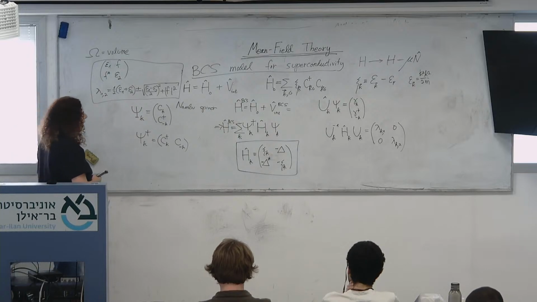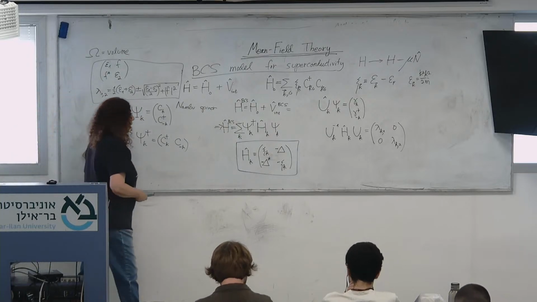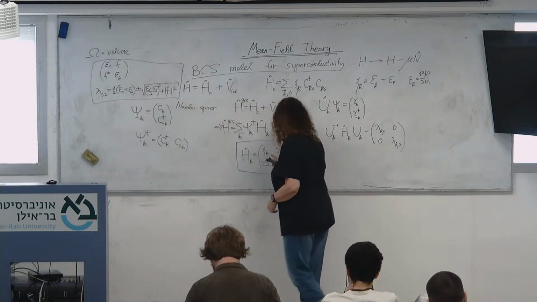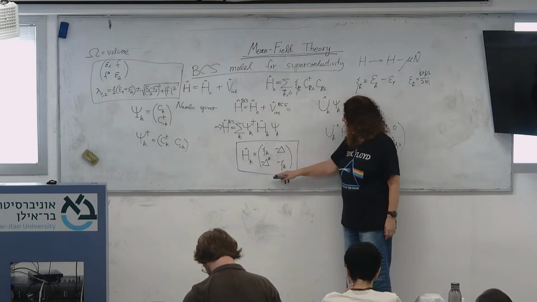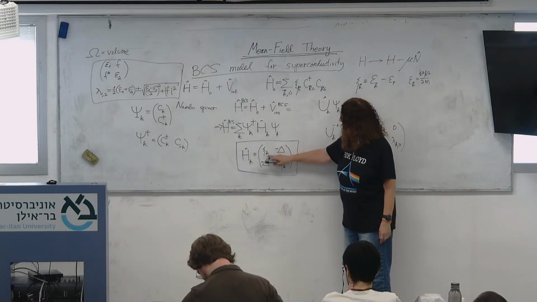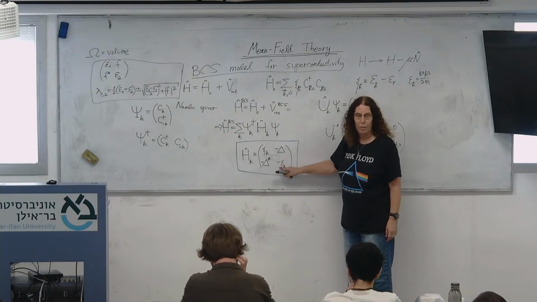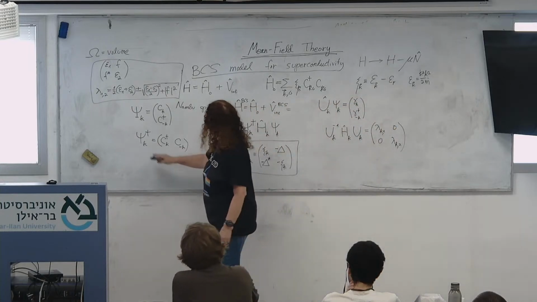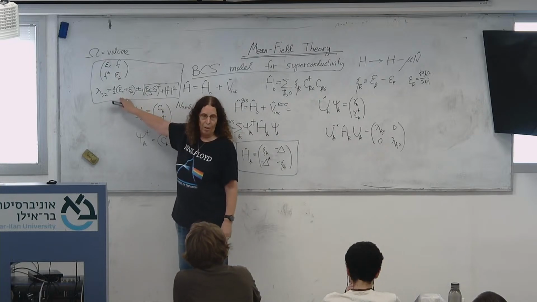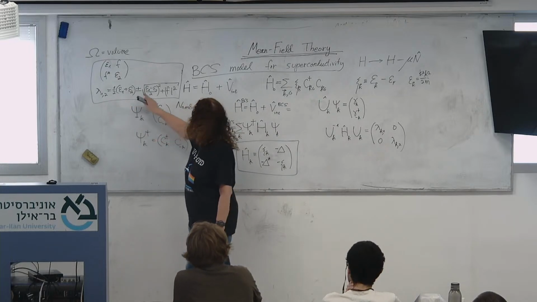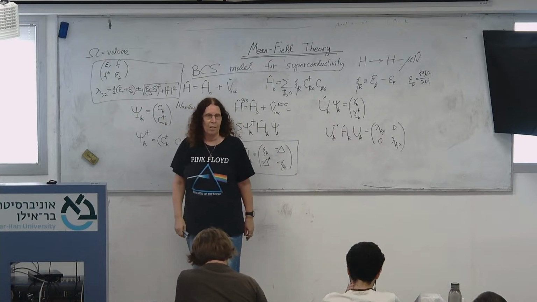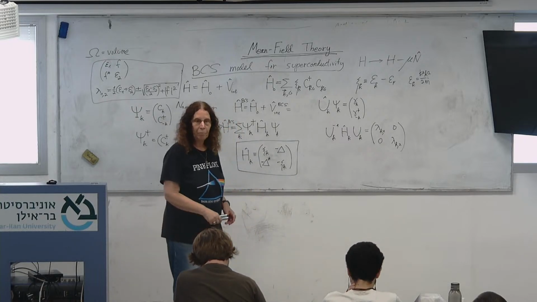Now, in the particular case, the matrix has the following form. Epsilon 1 is minus epsilon 2, so the first term vanishes and you are only left with the square root. Okay?